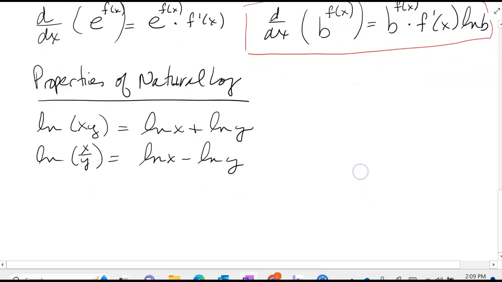If you recall, in Calc 1 we did logarithmic differentiation, touched upon it, and you were able to expand a function using the properties of logs to make it a little bit easier to differentiate it. Ln of x to some power, you move the power out front, and you have p ln x.